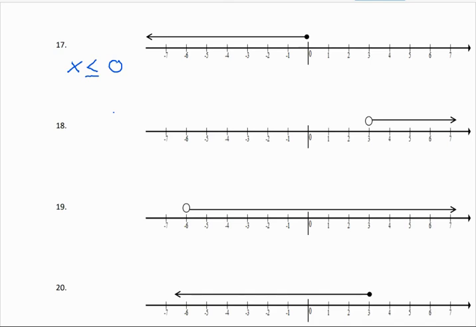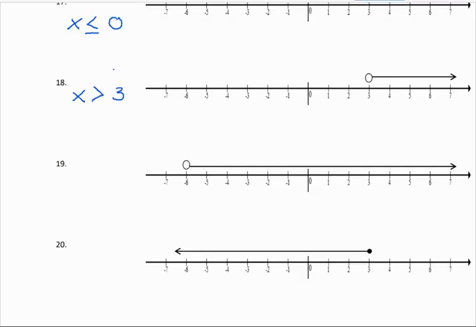Okay, 18, many of you had correct. We have an x and we have a 3. This time we're pointing to the right, so we are greater than. And it's simply just greater than because it's an open circle. No line underneath. Make sure your arrow and your inequality are the right way. 19, we have a -6.